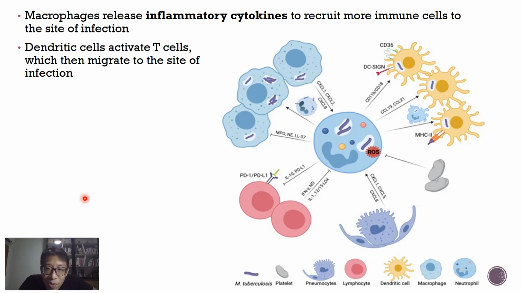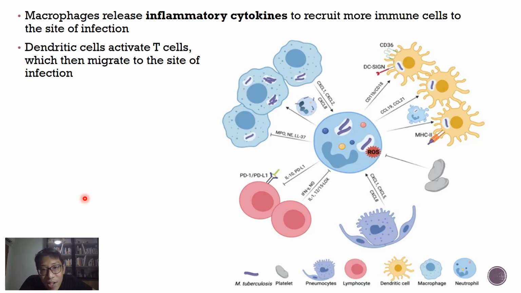And also remember there are the dendritic cells that would have phagocytosed the Mycobacterium tuberculosis. So they are a bit more successful in terms of breaking down the bacteria. They will be able to present the fragments of the antigens to the specific T cells, be it helper T cells or cytotoxic T cells that recognize the presented antigens.